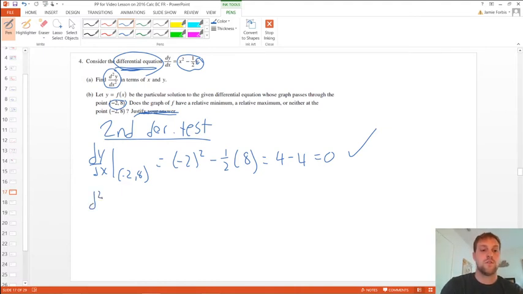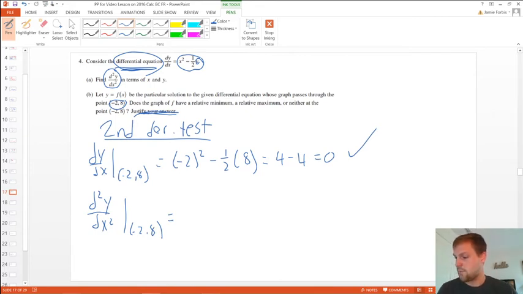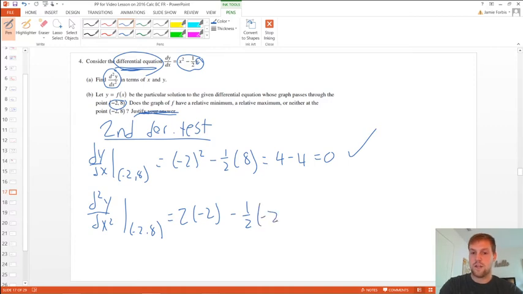So I'm going to do d2y over dx squared at -2, 8. And we got that formula from before. So remember, that's going to be 2 times -2 minus 1/2 times -2 squared, and then plus 1/4 y, or 1/4 times 8.